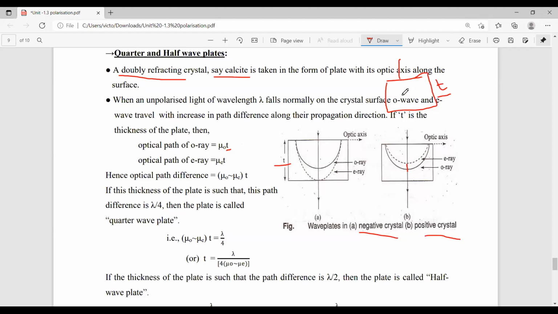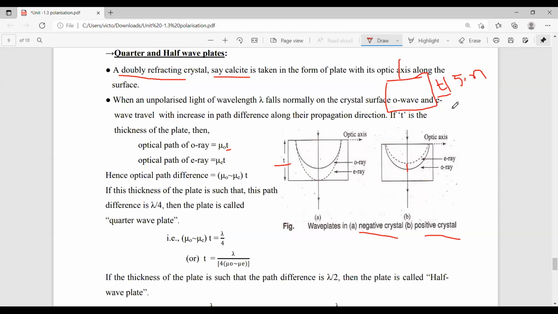For example, if this is a room, when light travels through this room, and the length is like 5 meters, then I ask, what is the path traveled by the light in this room?